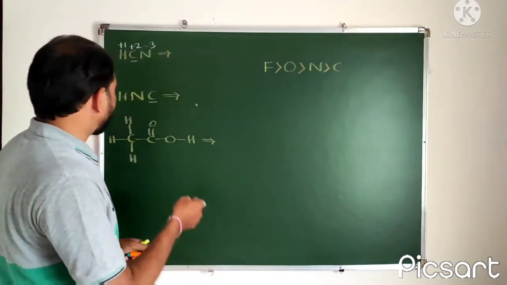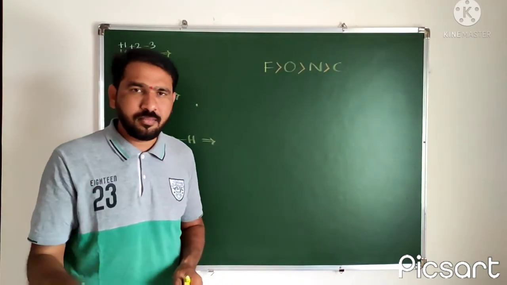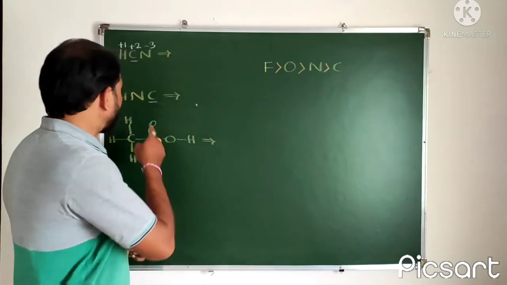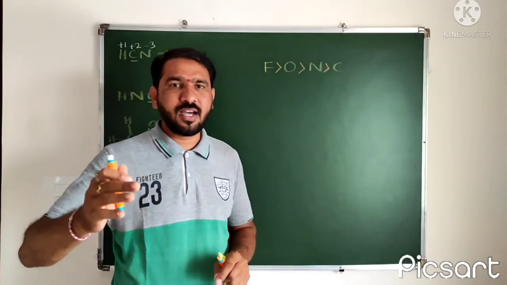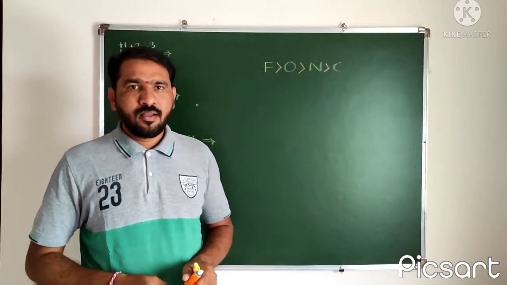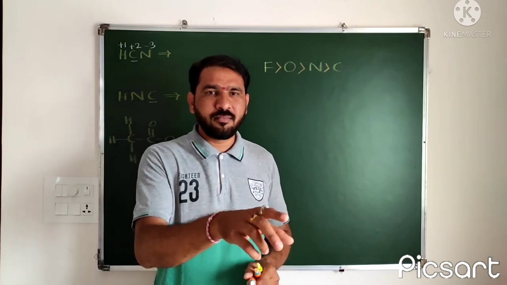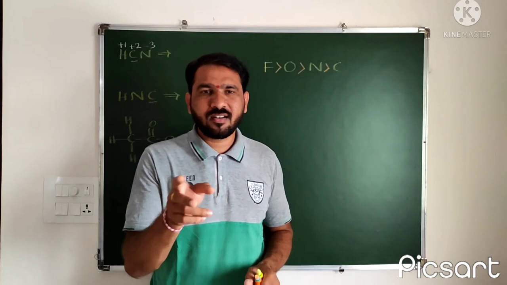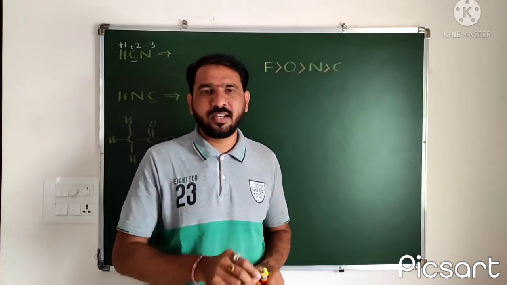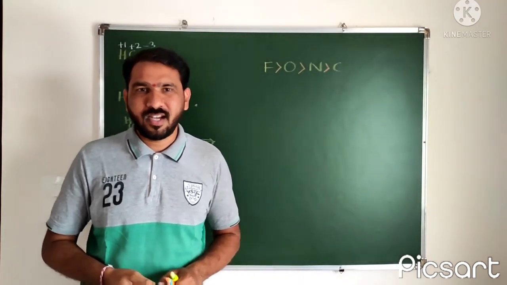Then coming to the next molecule, hydrogen isocyanide. Here also the question asked is about carbon. As I told, nitrogen is more electronegative than carbon. The nearest zero group element of nitrogen is neon, whose atomic number is 10. The electron difference between nitrogen and neon is 3, so nitrogen shows a -3 oxidation state.